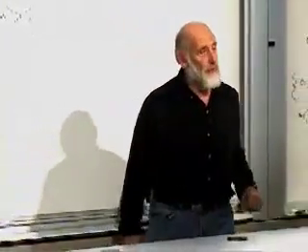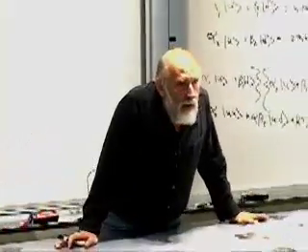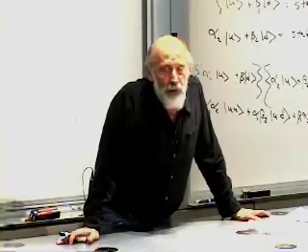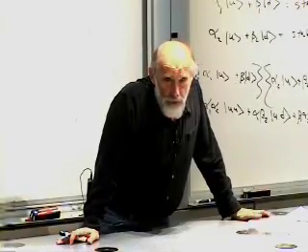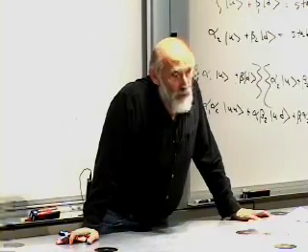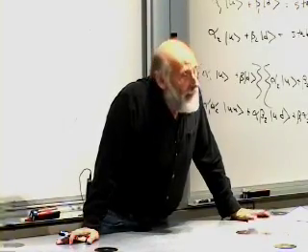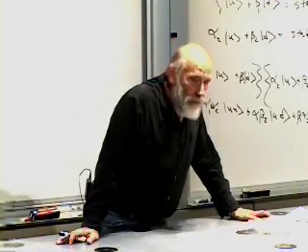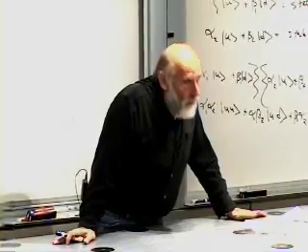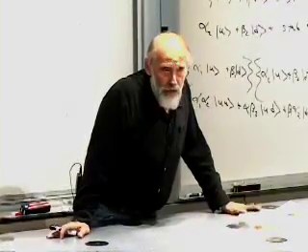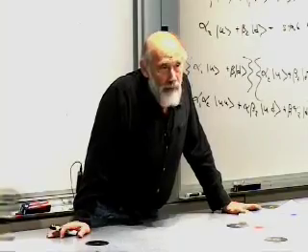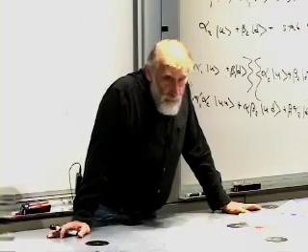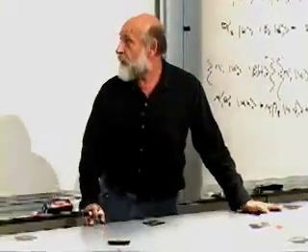Supposing it were true that the expectation value of all three of the sigmas was 0, then it will also be true that the expectation value of any sigma dot n will be 0. If the expectation value of sigma dot n is 0, that means there's a half probability for it to be up along that direction and a half probability for it to be down. So if all of the expectation values of all three sigmas are equal to 0, then there can be no direction along which sigma is definitely up, because along any direction the probabilities are a half. So let's see if we can prove that.